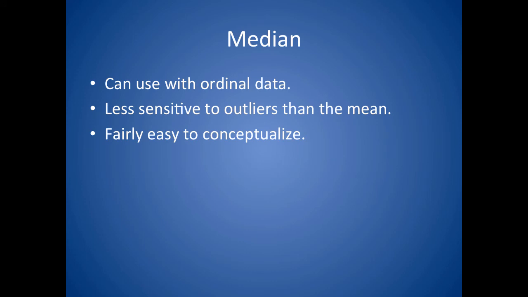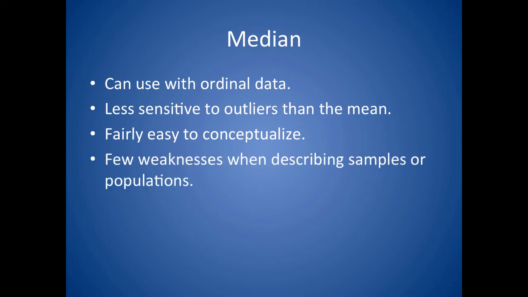I know the beast is nasty, but really thinking about I'm looking for a point where half the scores are above me and below me, the median is pretty easy to think about. It does not have very many weaknesses when describing samples or populations. It is a beautiful descriptive statistic. We tend to talk about the mean more because sample means are better estimates of population means than medians are.